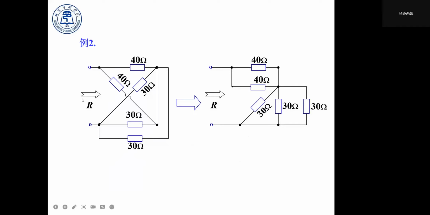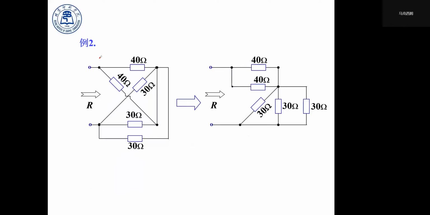First thing first, we have to make clear the relationship of every branch.